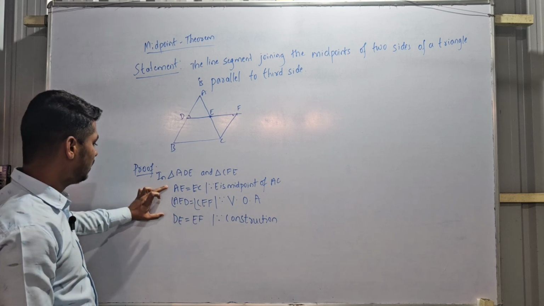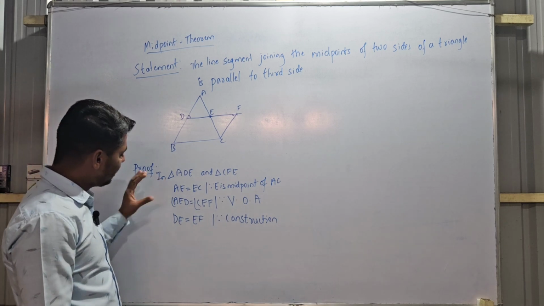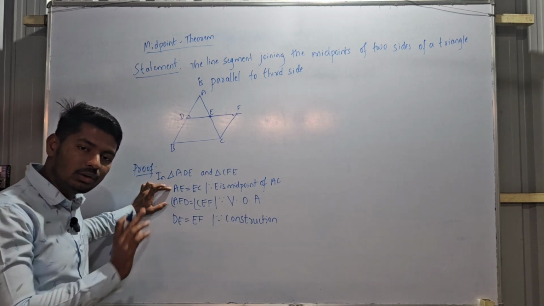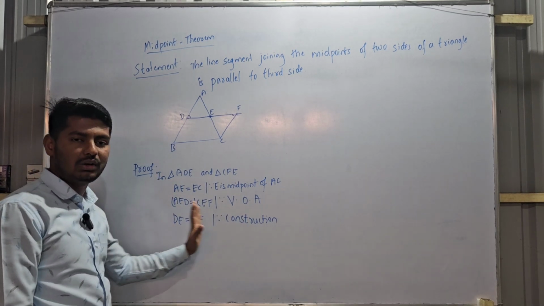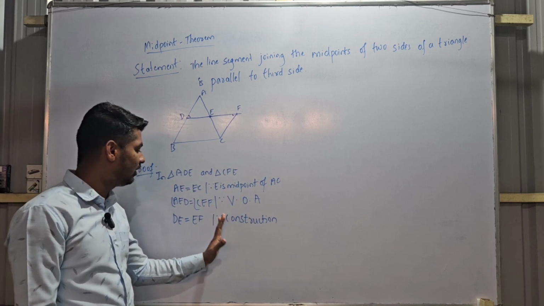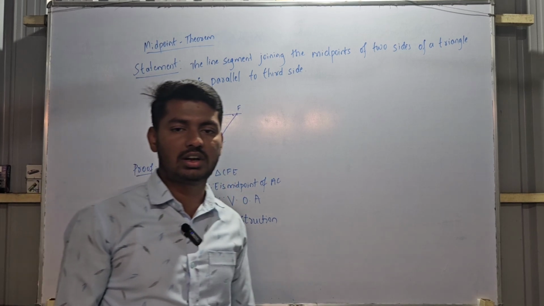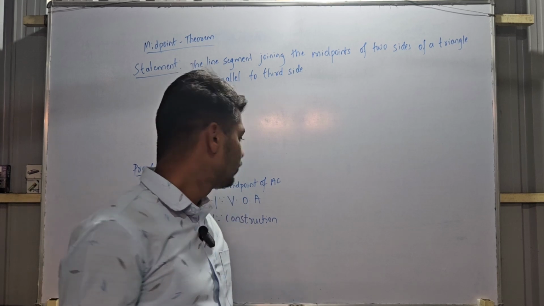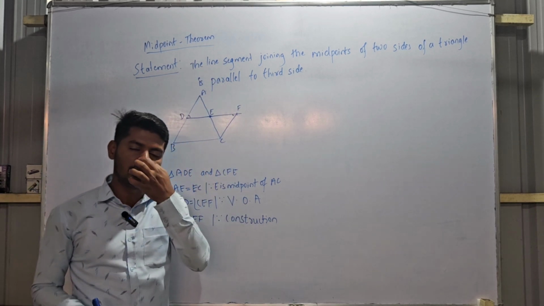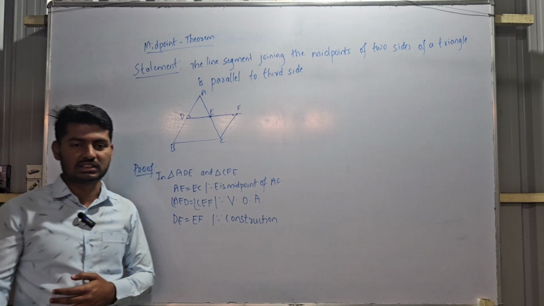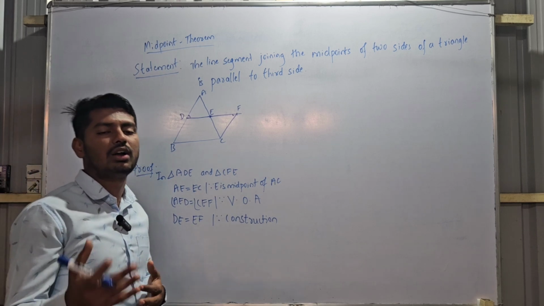So see here, two sides and an included angle of one triangle are equal to two sides and an included angle of another triangle. The SAS criterion says that if two sides and the included angle of one triangle are equal to two sides and the included angle of another triangle, then the two triangles are congruent.